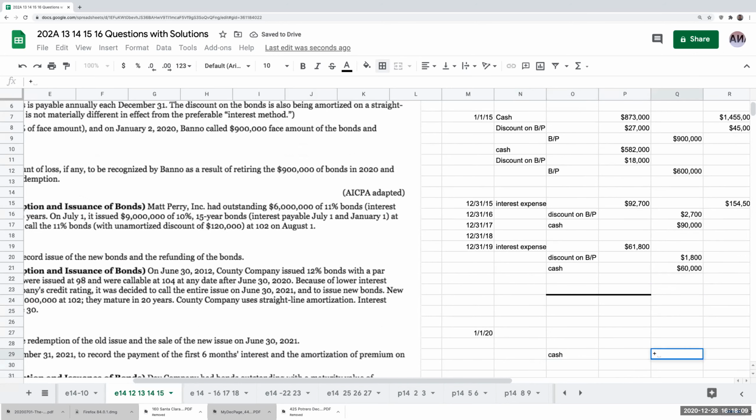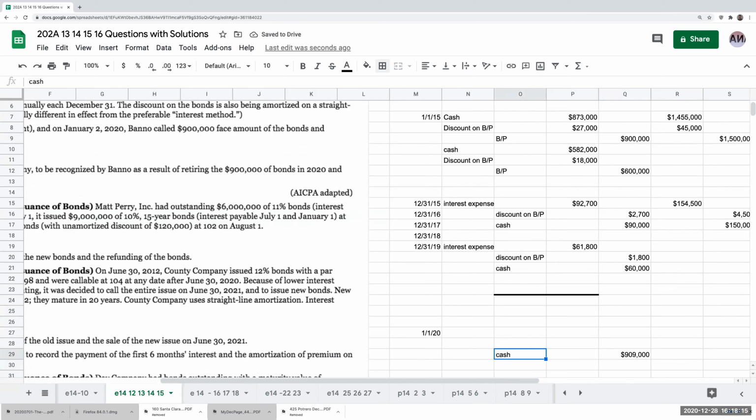I'm going to be crediting cash for 900,000 times 1.01, or 909,000. I know I'm going to have to take the bonds payable off my books, which is 900,000. But I need to get rid of that portion of the discount as well.